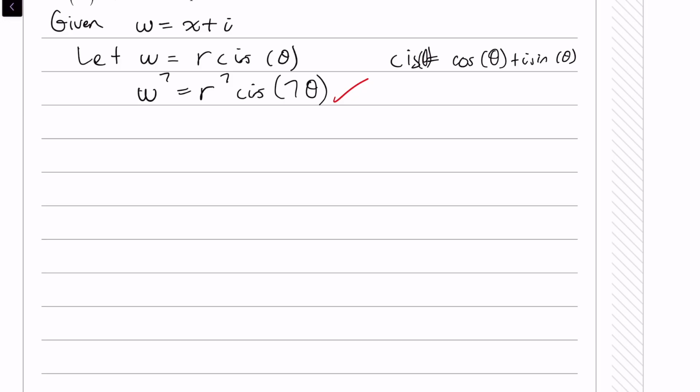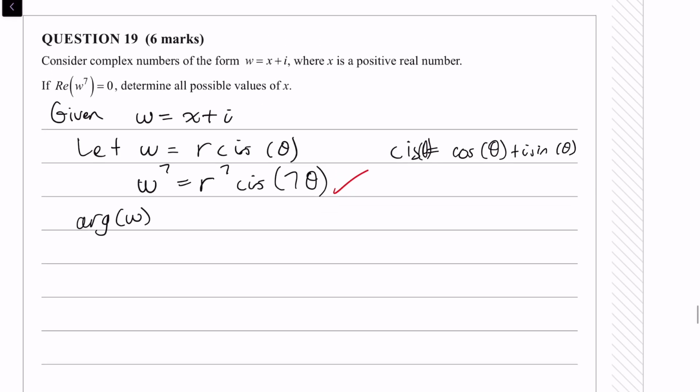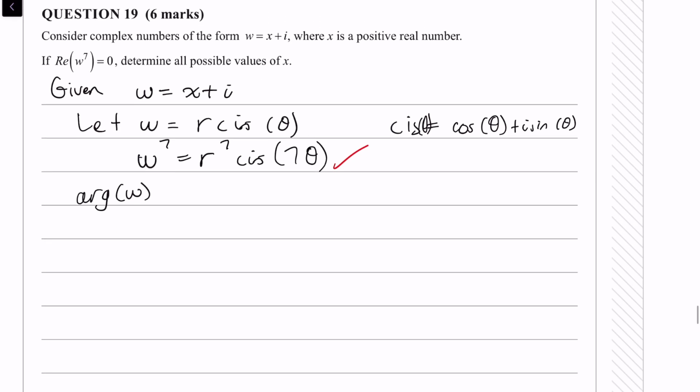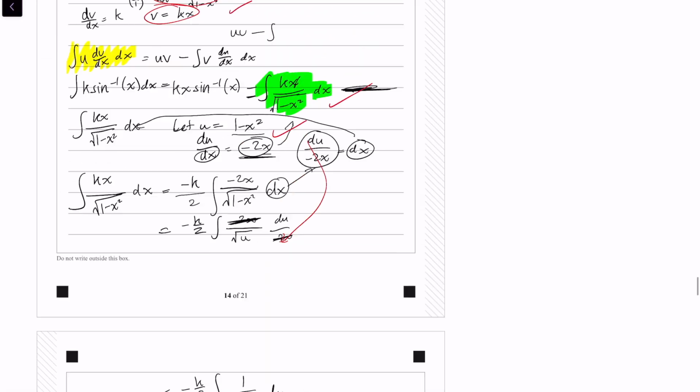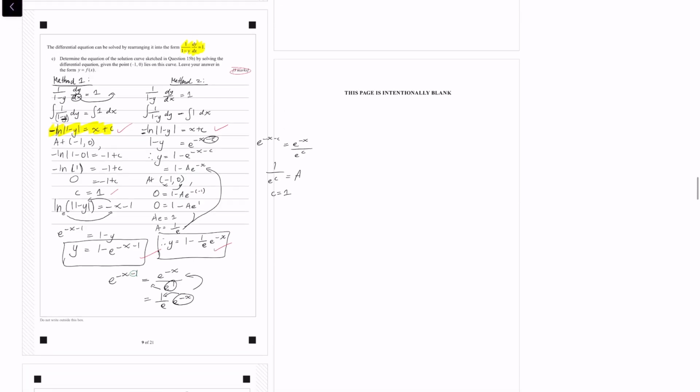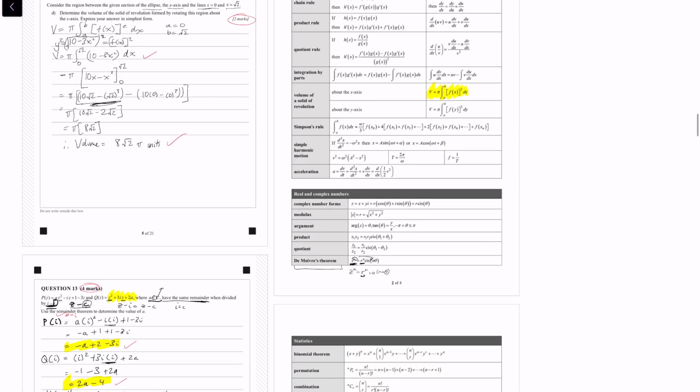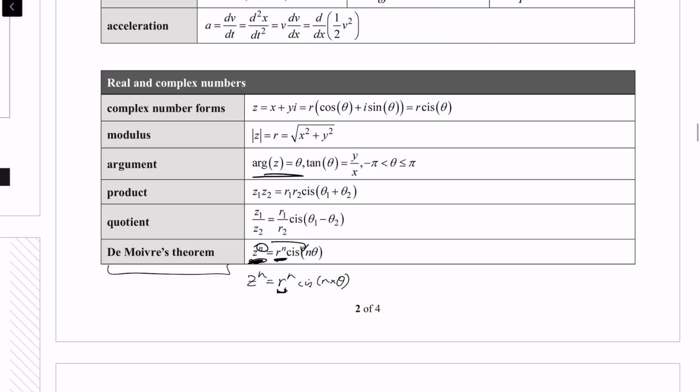And now I want to think about my argument, which is obviously my angle within my W form, equal to theta. Okay, argument's another way to talk about angles in complex numbers. It could be in your formula sheet. I'll just double check. Yeah, it's in there.